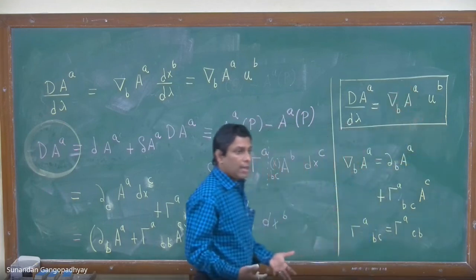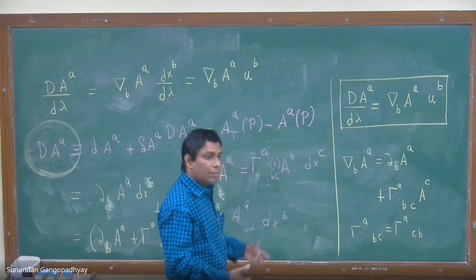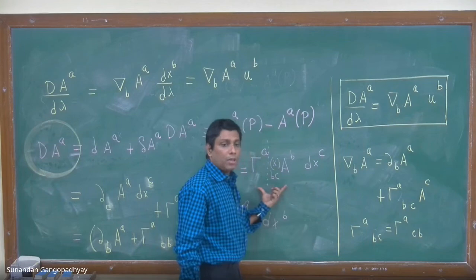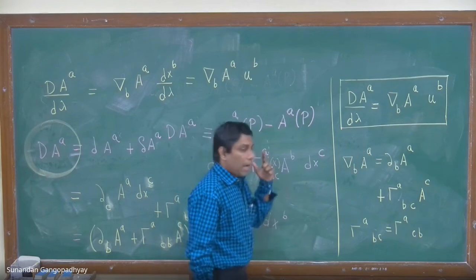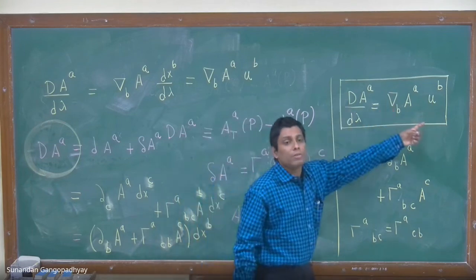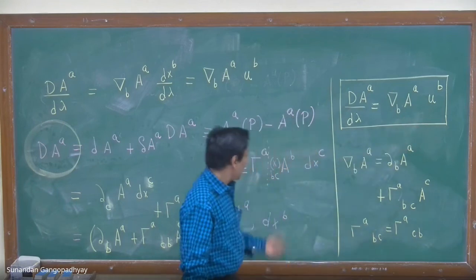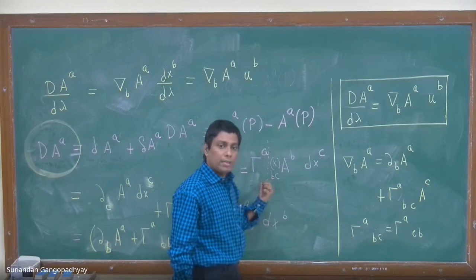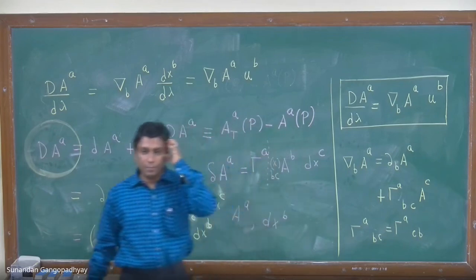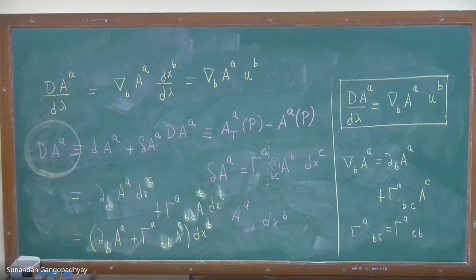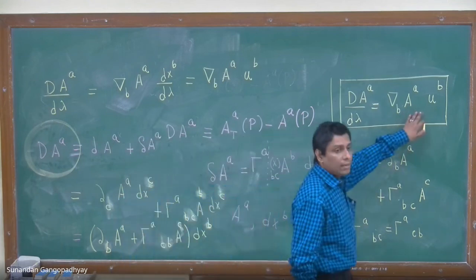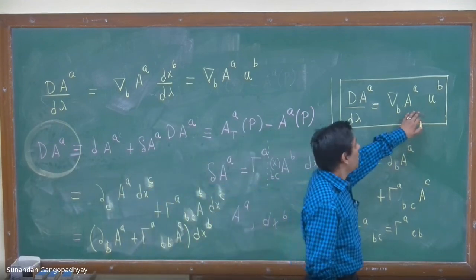So if we have this claim, then the question is, we did not specify, we only told that this gamma transforms in a non-tensorial way. And my claim is that this has to transform in a tensorial way. So from there, you can actually calculate how this gamma transforms. And you will indeed find that this gamma transforms in a non-tensorial way. We shall do it now. We shall calculate it now. So since grad B AA is a tensor, can you say a tensor of what type?